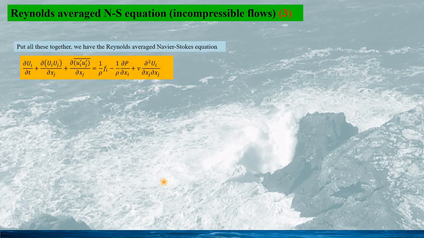Now put all these terms together. We have the Reynolds averaged Navier-Stokes equation as this. This equation is for the averaged velocities and pressure. A significant difference is that this Reynolds averaged Navier-Stokes equation has an additional term when we compare it to the original Navier-Stokes equation here.